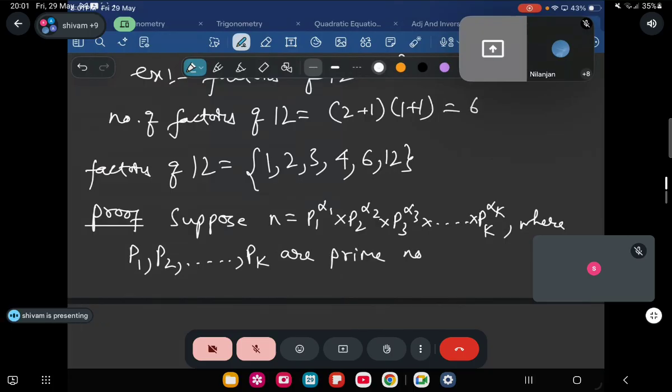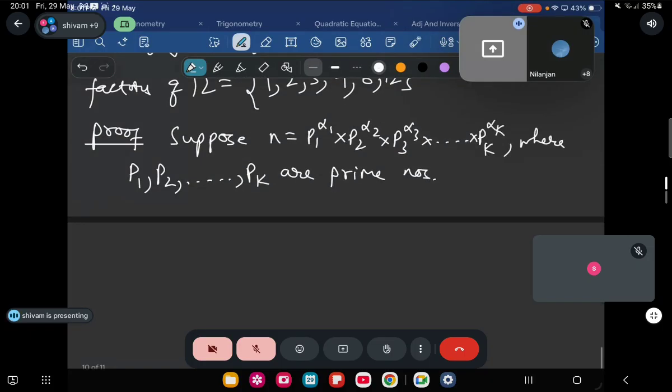Now, if I want to write down the factors of p1 to the power alpha 1, how to analyze this? Let us talk about 2 cube, for example. What are the factors of 2 cube?